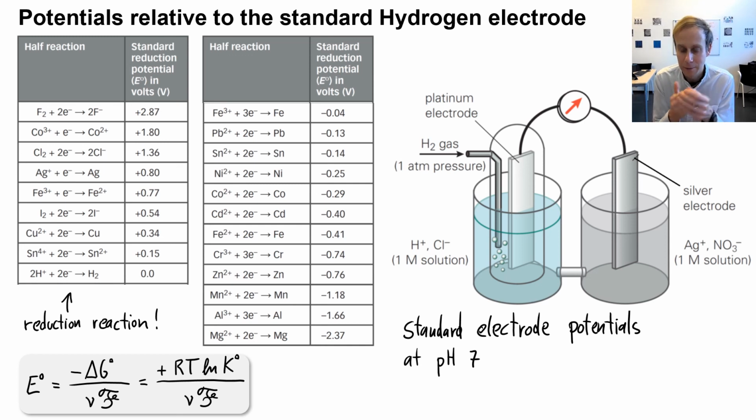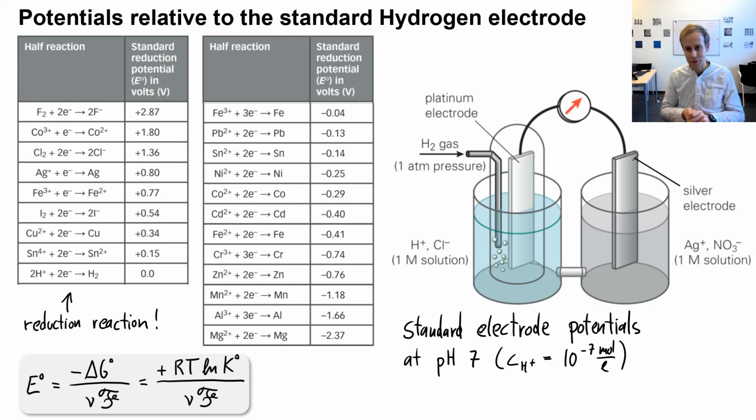But in biochemistry, for protons, you actually have pH 7 as the standard state. pH 7 corresponds to a proton concentration of 10 to the negative 7 mole per liter. So when you carry out this measurement in a solution of hydrochloric acid with pH 7, then you denote this not as E standard, but as E standard prime, right? Just for your information, you will probably encounter this version of the standard hydrogen electrode in the future.